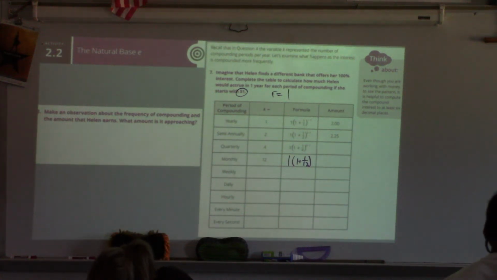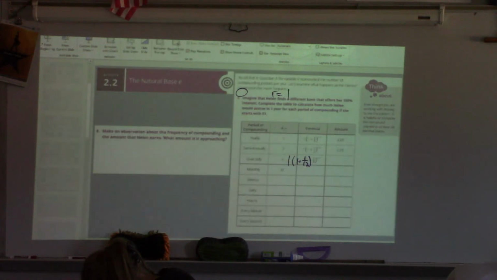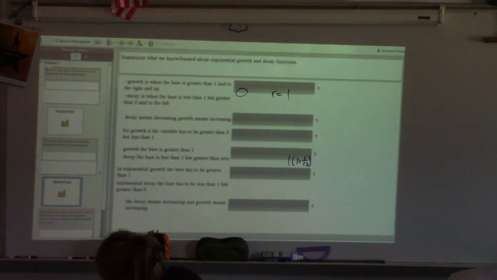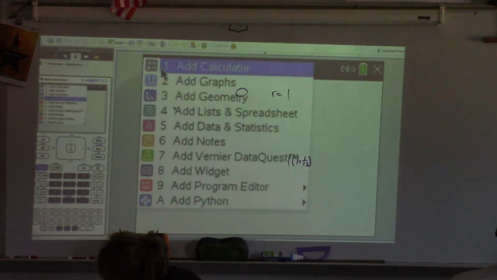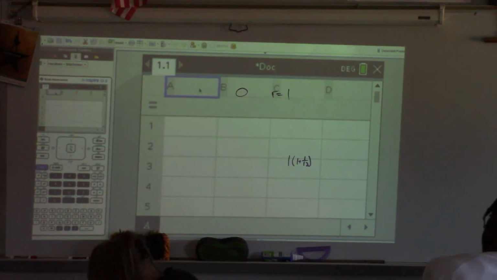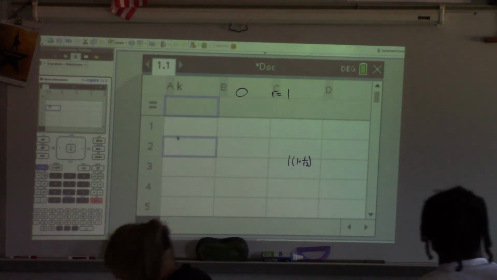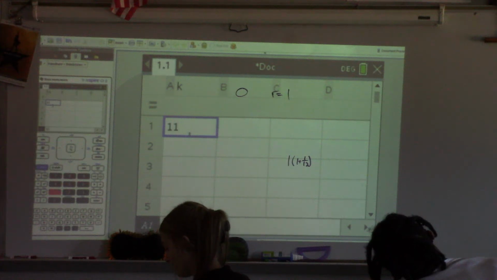For the monthly one, we haven't gotten there yet, so let's look at this. Does anyone remember a part of the calculator that works just like Excel? Spreadsheets, okay? So what I'm going to look at is my value for K. If it's yearly, what is the K value? 1, right?